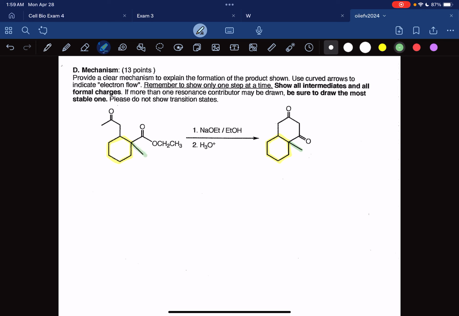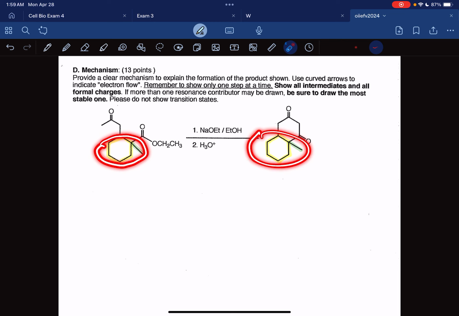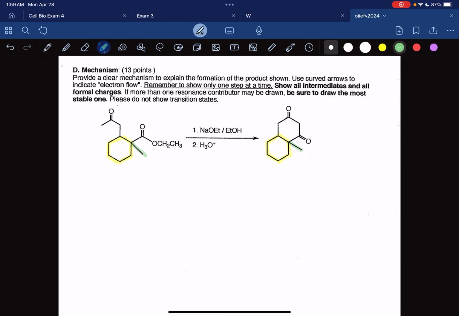So that off the bat tells you that you shouldn't be messing around with this part of the product that much. Then another thing you can note is, if you look at our product, and I'll do it in red here, 1 carbon away, 2 carbons away, so these two, there is a ketone, and you see something like that right here as well.